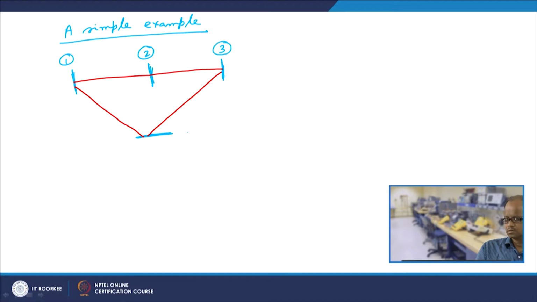These blue lines are buses: this is bus 1, bus 2, bus 3, bus 4, and these are all lines. So, n is equal to 4, and the number of states is 2 into 4 minus 1, that is 7.